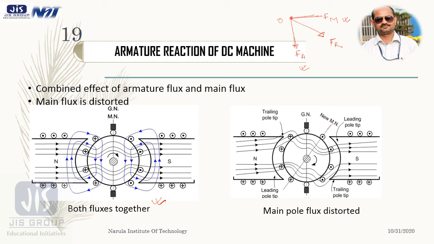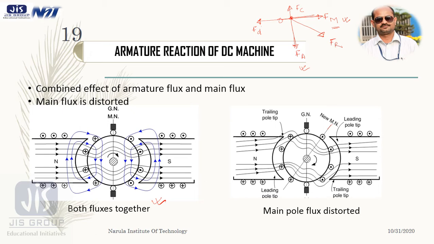So if we use our concept of vectors, we can resolve this FR into two components. One is FT, one is FC. This component FT is directly opposing the main field flux, trying to reduce the main field flux.